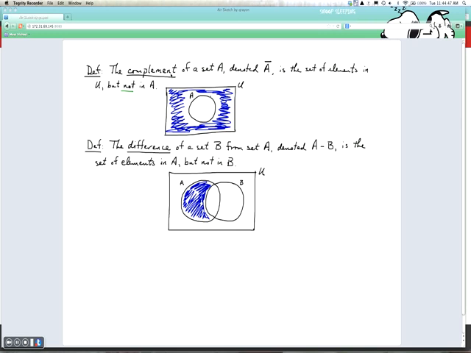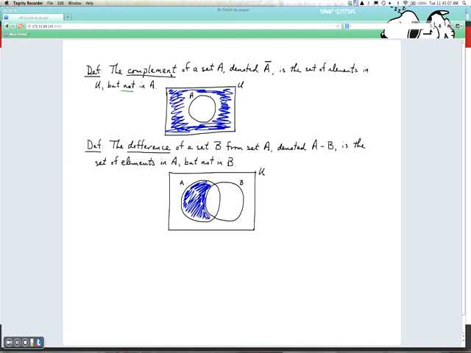It doesn't have to be the universal set for this to work. For example, here B is not completely contained in A, right? But we still start with the things in A, and then we take anything that's B out of it. Okay, so that gives us this side.